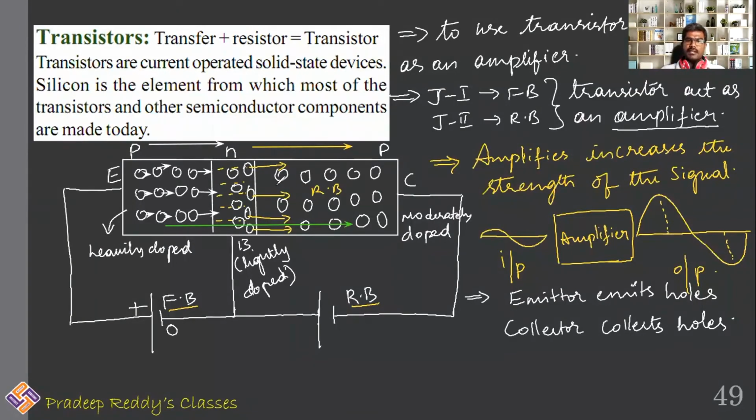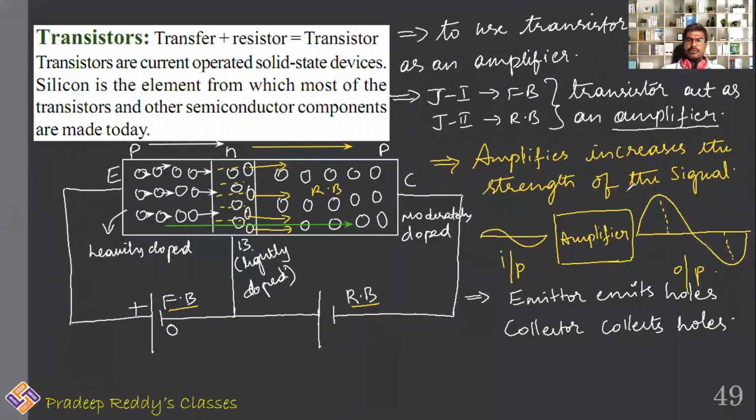And the doping percentage of the base is made less in order to avoid recombination of majority and minority charge carriers. Majority carriers entering this base region, without recombining with the majority charge carriers of the base region, cross the barrier and enter into the collector. This is the way an amplifier works.